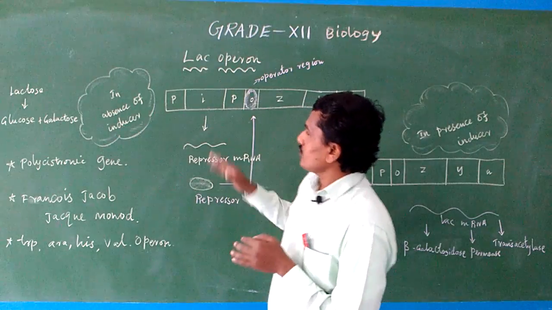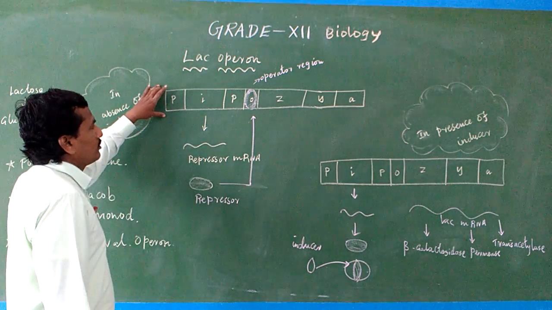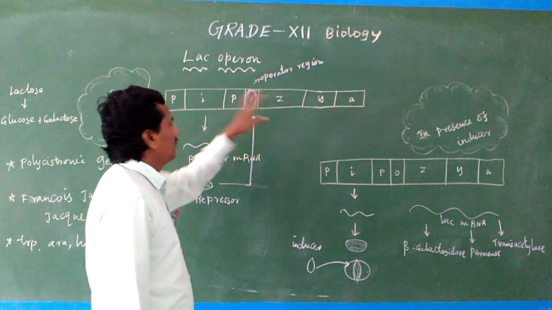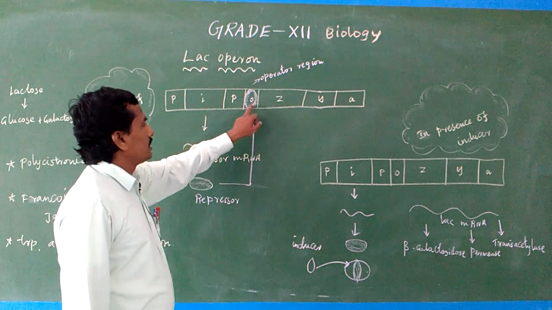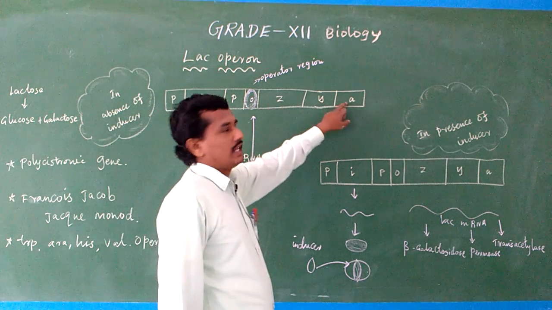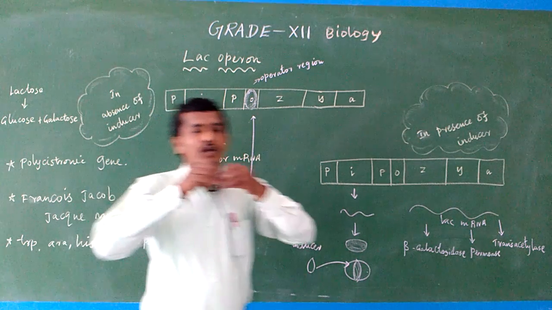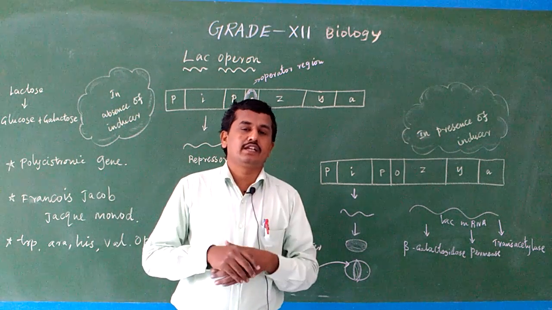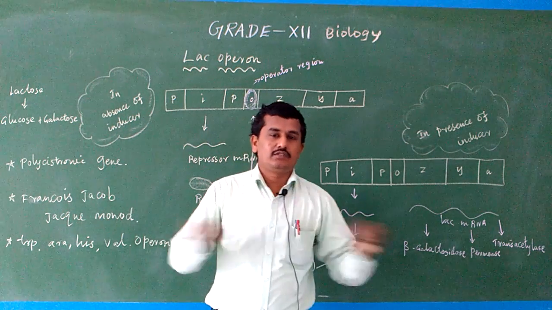Okay, listen. Suppose this is a gene. This is a segment of DNA. So there are a variety of genes: the P gene, I gene, P gene, then the operator region, and Z gene, Y gene, and A gene. It is a prokaryotic DNA, in a prokaryote like a bacterium, the lactic acid bacterium, particularly Lactobacillus, which has some genes.